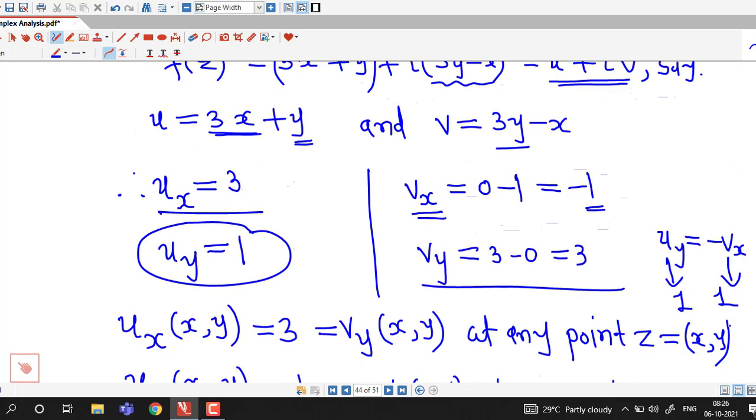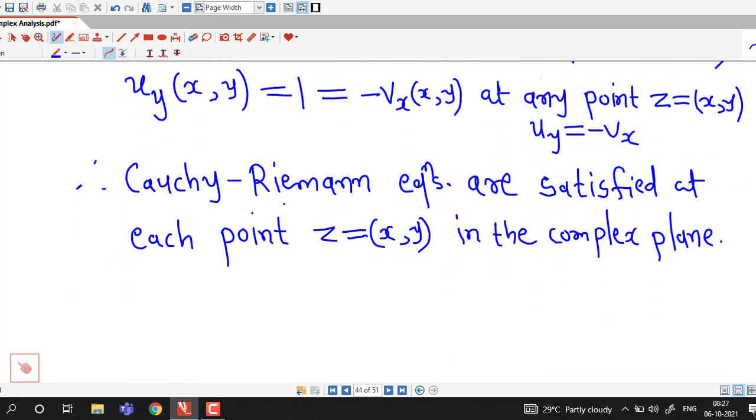And if we observe these partial derivatives, all partial derivatives are continuous because they are constant functions. So we have to check the second condition also.